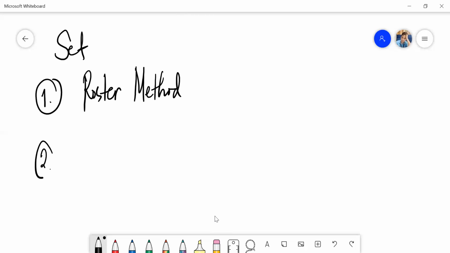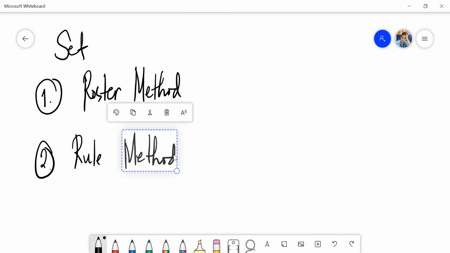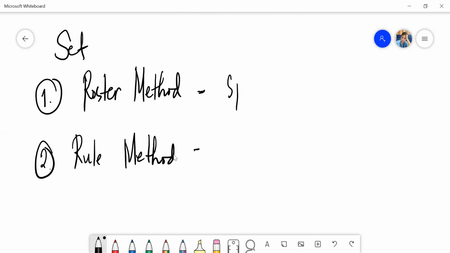Number two, we have the rule method. Okay, so what is the difference between the two? Let's just present a keyword here: roster, which means we have to be very specific about all the elements inside a set. Rule, on the other hand, is general.